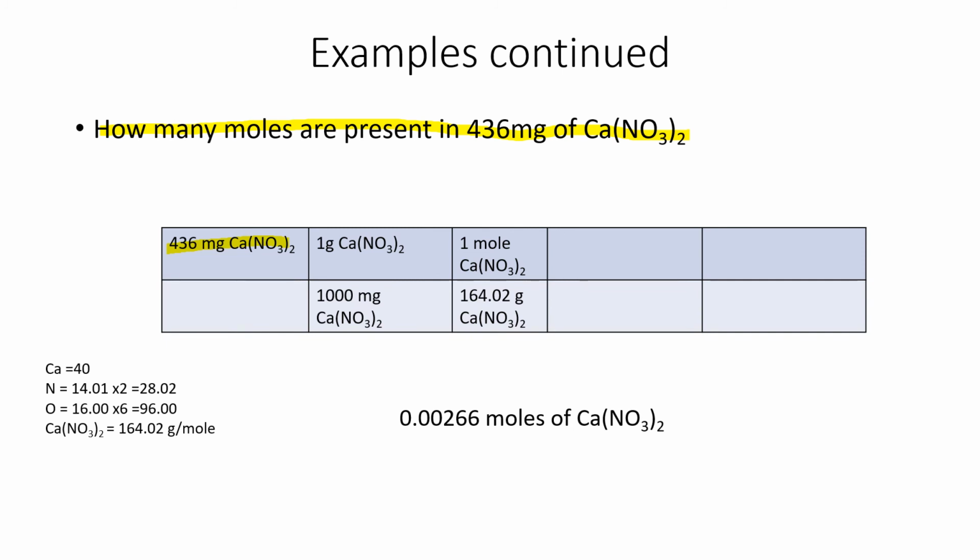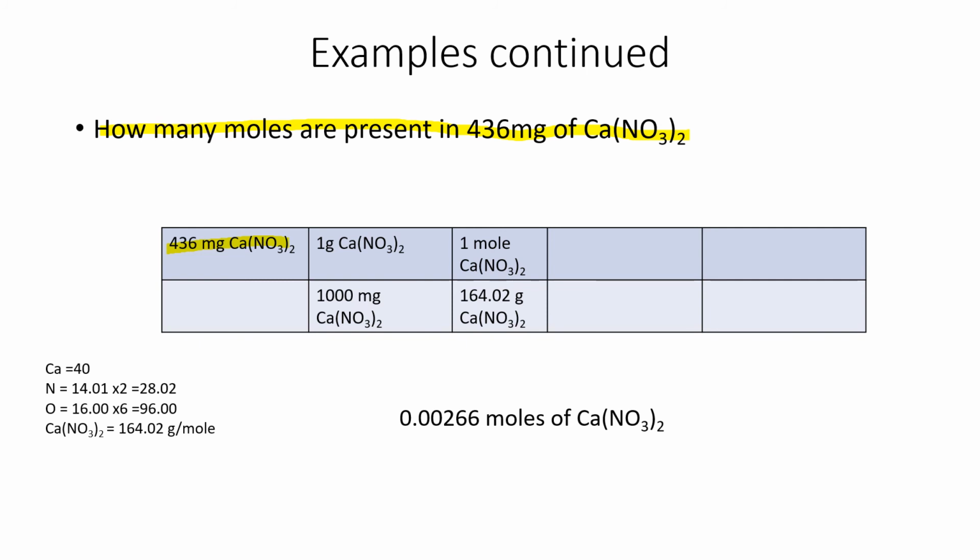So we know that the only way to really get at moles is if we have grams. So our first step is going to be a milligrams to grams conversion. Again, just using information that we've previously done. We know that 1,000 milligrams equals a gram. So 1,000 milligrams of calcium nitrate will be 1 gram of calcium nitrate.